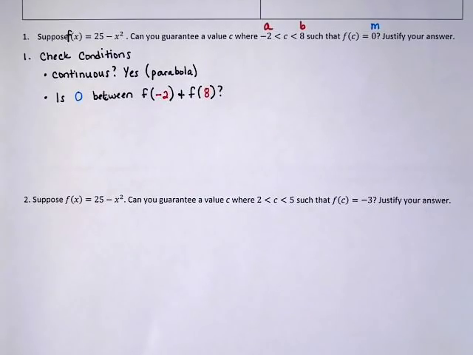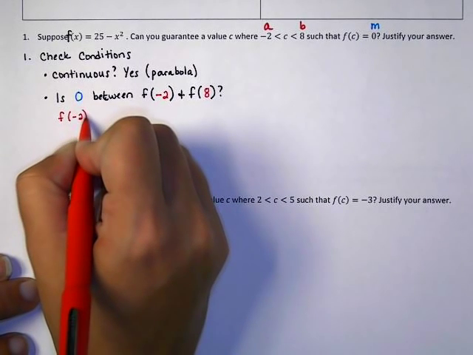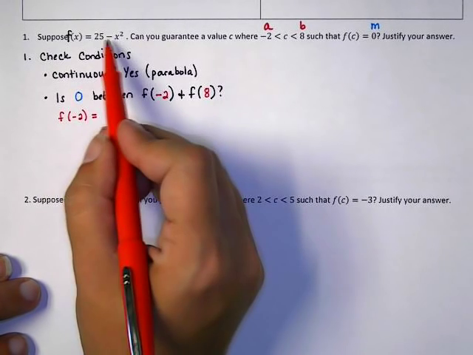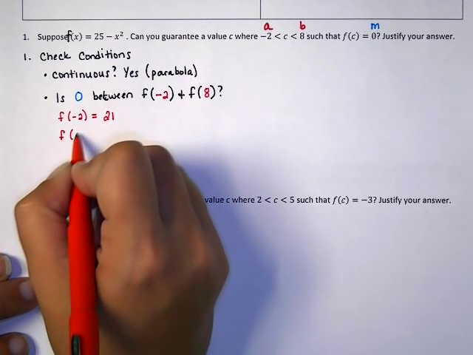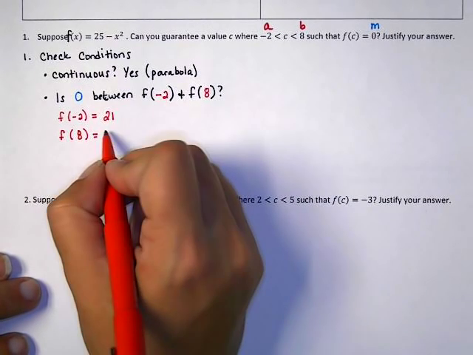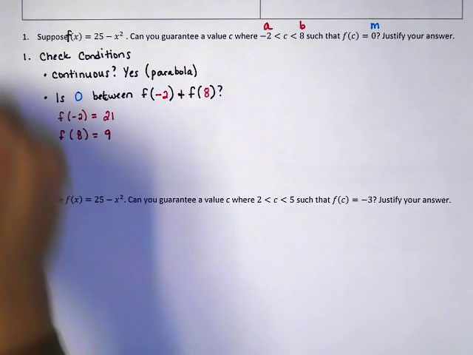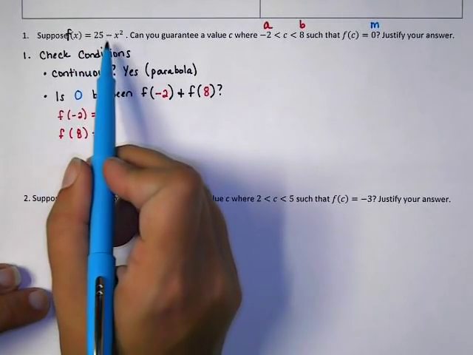So in order to figure that out, I'm going to need to figure out my y values. So f of -2 would be 25 minus 4, which is 21. Oh, I'm sorry. F of 8 would be 25 minus 64.